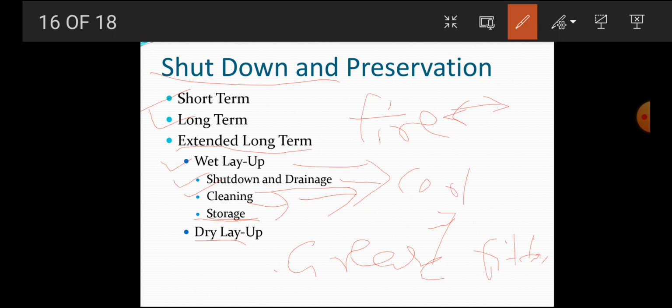So we need to remove all the water from the boiler, wash and flush as necessary to remove sludge from the water side, and use whatever method is available to completely dry the water side of the unit.